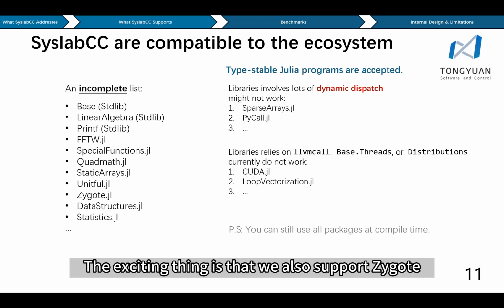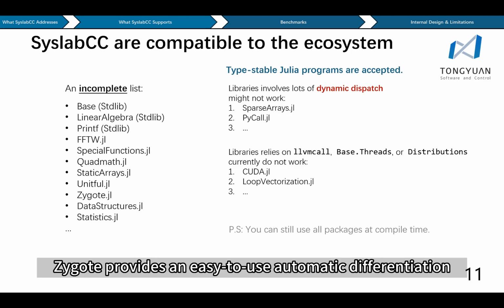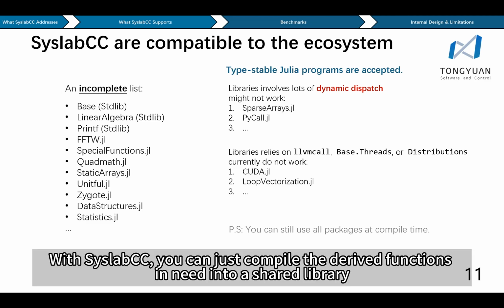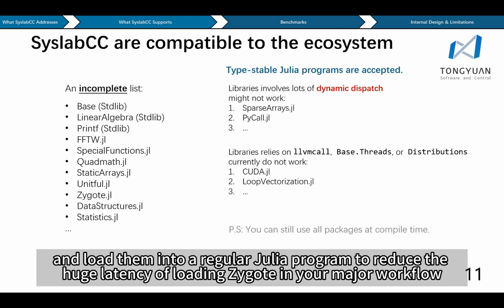And the exciting thing is that we also support Zygote. Zygote provides easy-to-use automatic differentiation, but suffers from latency issues in native Julia. But with SyslabCC, you can just compile the derived functions you need into a shared library and load them into a regular Julia program to avoid the huge latency of loading Zygote in your main workflow.